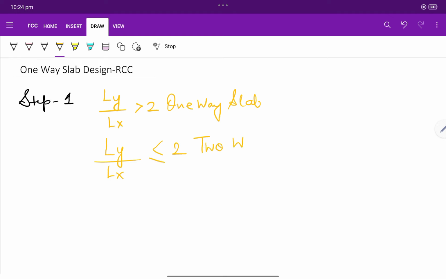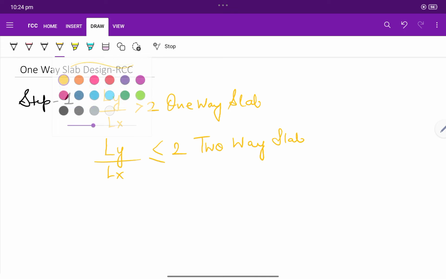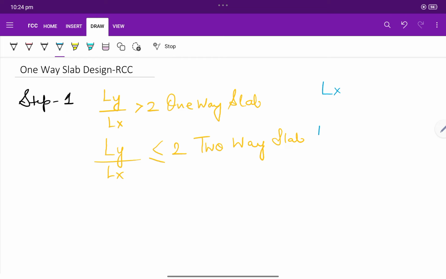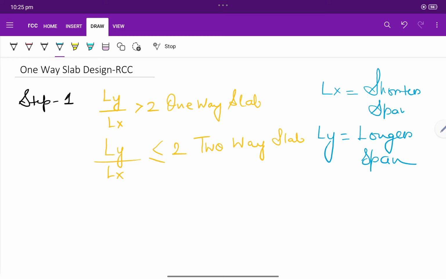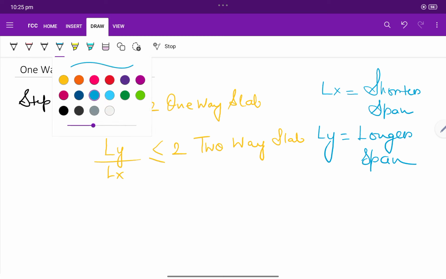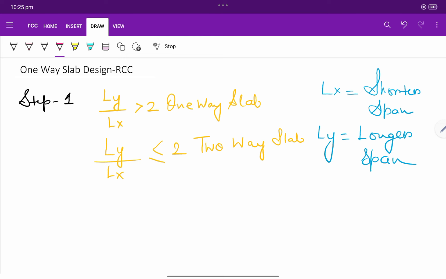The two-way slab is not our concern for today, but we are just looking at it, where Ly is the longer span and Lx is the shorter span. So this will be step one.